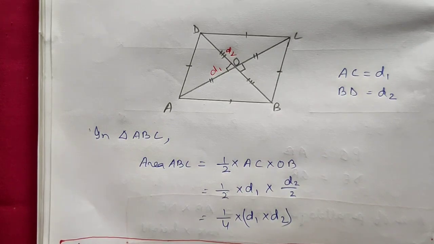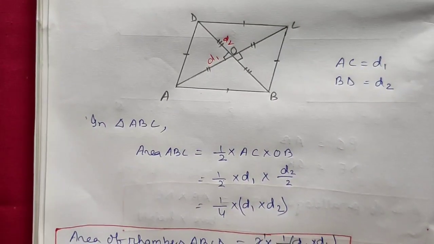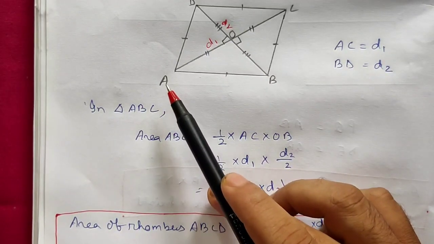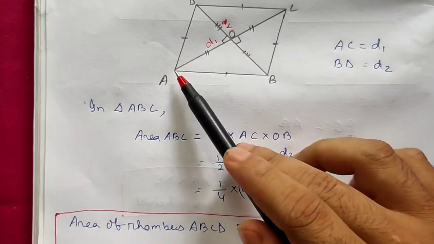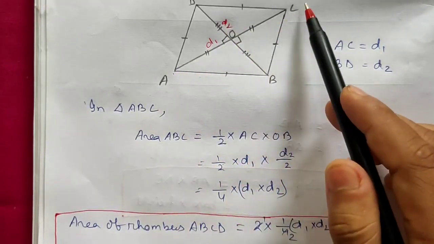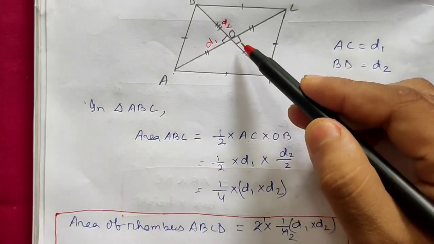Now we have to consider triangle ABC. In triangle ABC, the area of a triangle is half into base into altitude. This is the base AC, right? So half into base, and the altitude is this one, OB.